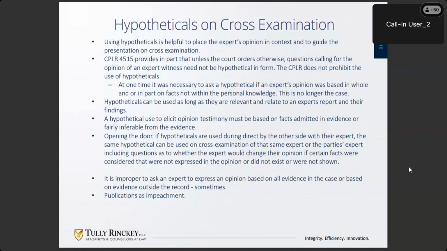And therefore, they couldn't elicit this from their expert, and this wind theory was not allowed to be testified at trial. I cited to Bannister as well.